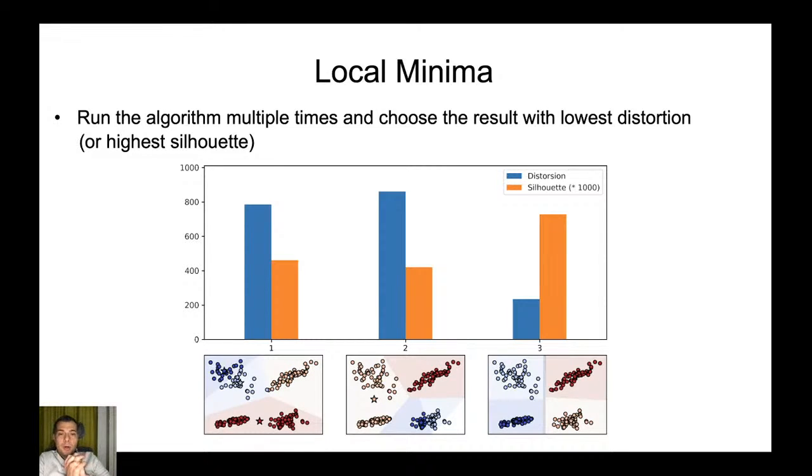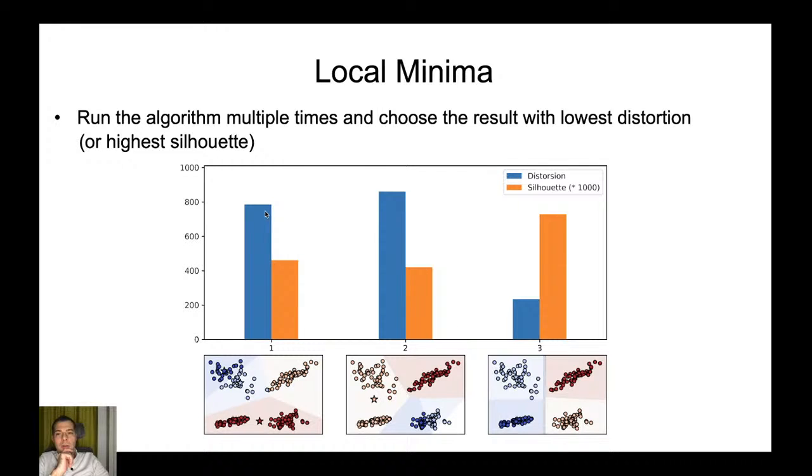Okay, so this is an example with the first approach. We run the algorithm multiple times. Here we have three runs, and these are the solutions that we presented in the previous slide. As you see, if we get the clustering right, then the distortion is smallest, and also the silhouette score is the highest.